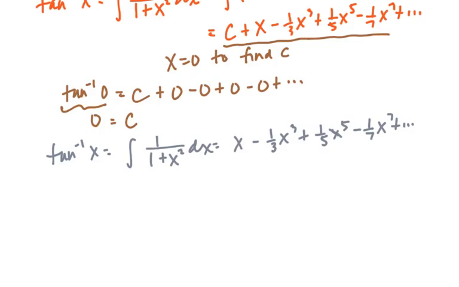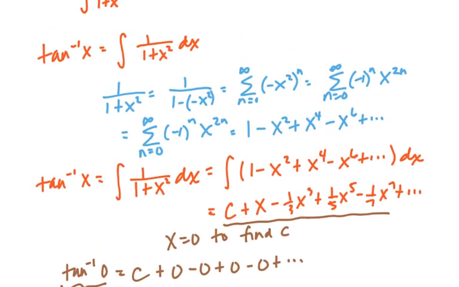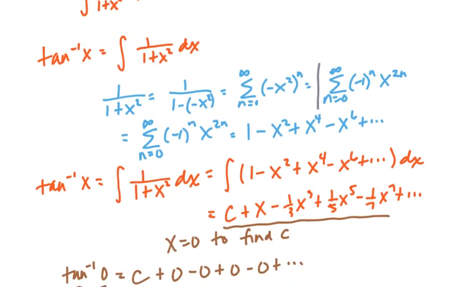So if you look at these terms over here, we can say inverse tangent of x equals the sum of negative 1. Now if we start at 0, this is negative 1 to the nth power, because then it will be positive. And that's following what we have up above. Now if we integrate this, negative 1 to the n is a constant, so it doesn't change.